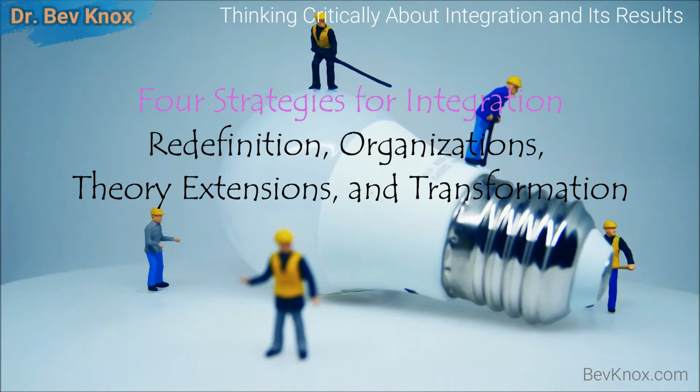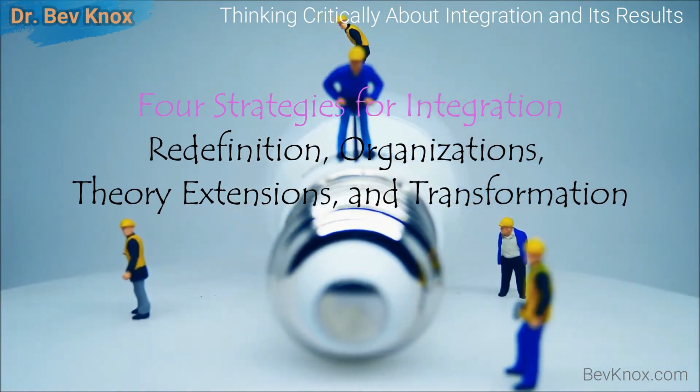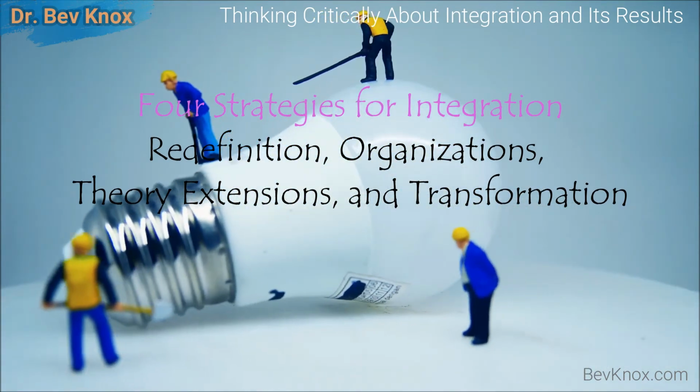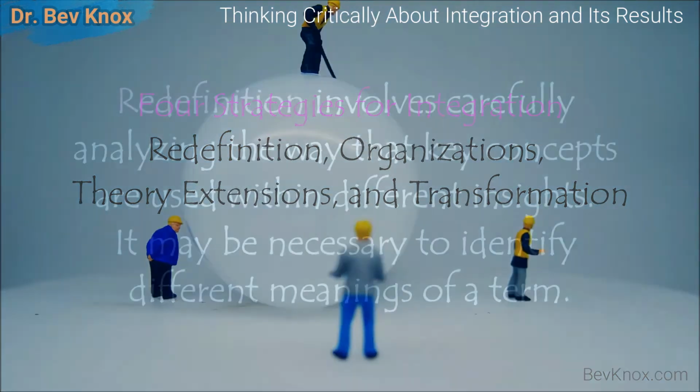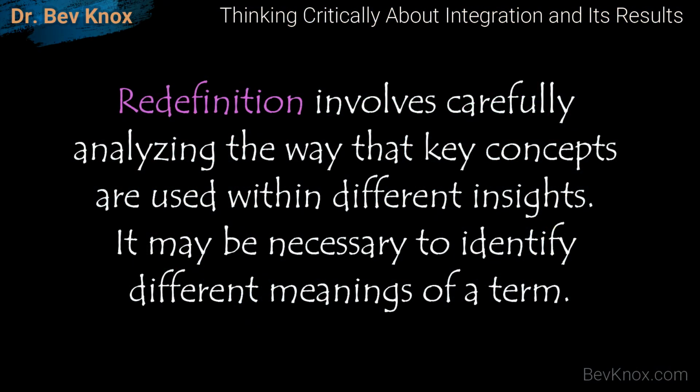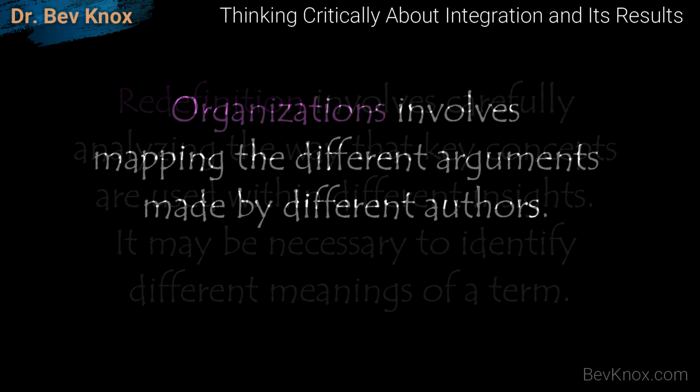4 strategies for integration include redefinition, organizations, theory extensions, and transformation. So redefinition involves carefully analyzing the way that the key concepts are used within different insights. It may be necessary to identify different meanings of a term.